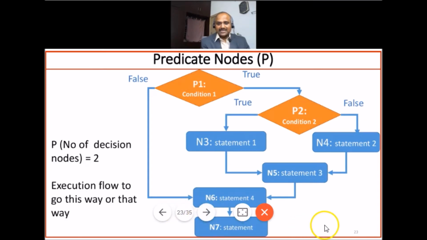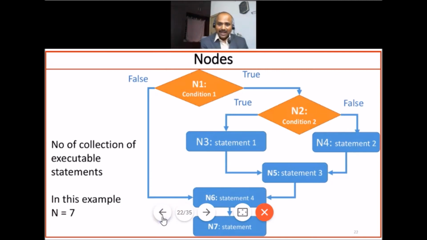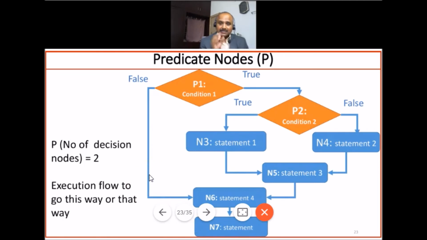Let me go to the next example. What are predicate nodes? Predicate nodes are the nodes which are conditional, meaning they bifurcate either this way or that way, true or false. In the earlier slide we saw the number of nodes is 7, but the number of predicate nodes, where the decision true or false happens, is only 2, P1 and P2.